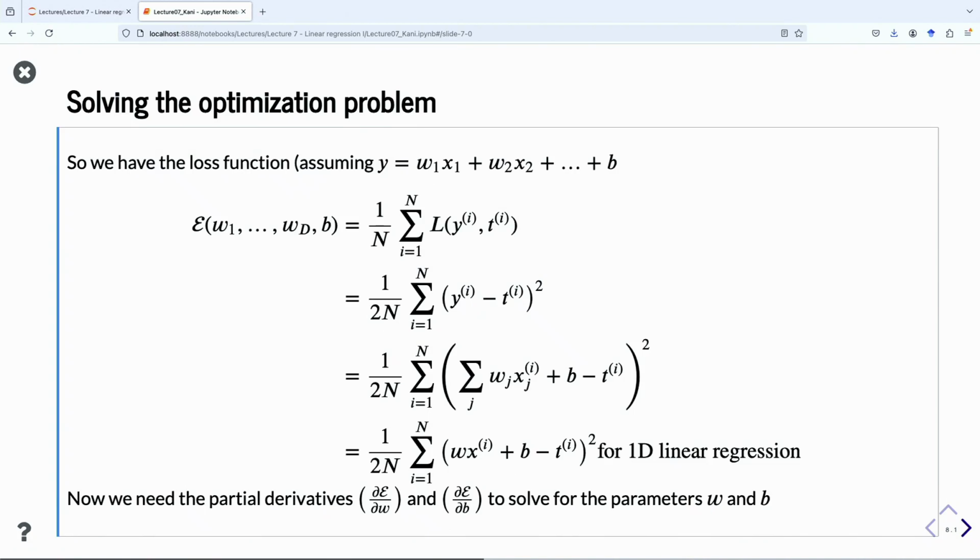Does that make sense? We go from multiple dimensions down to the one dimension we're using.